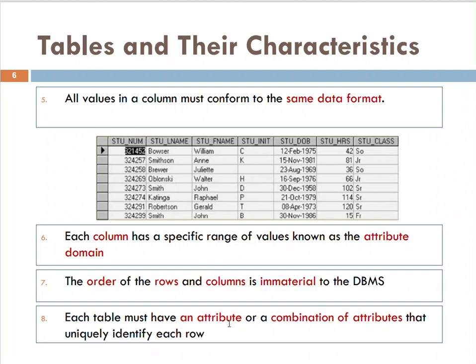Each table must have an attribute or a combination of attributes that uniquely identify each row. Okay, setiap table mesti mempunyai satu attribute ataupun beberapa attribute yang membolehkan kita identify setiap baris. Okay, contohnya kalau this table about student.